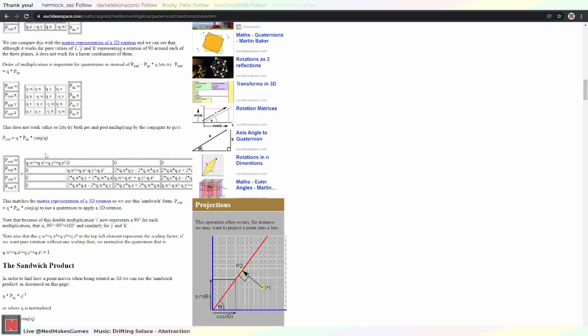Okay, so you can basically just transform it to the matrix rotation or matrix representation.